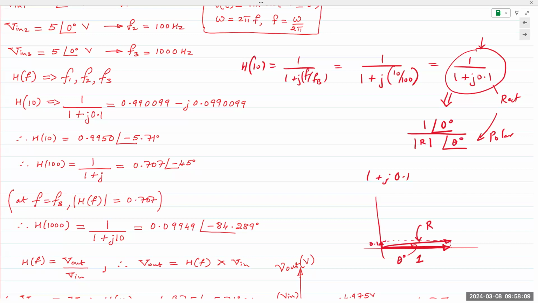Then I would perform the division, which would be 1 divided by magnitude r and phase angle theta, giving 1 over r with phase angle 0 minus theta. That would be the manual way to do this. But if students have a programmable calculator and program that equation in, you would directly obtain the final answer.